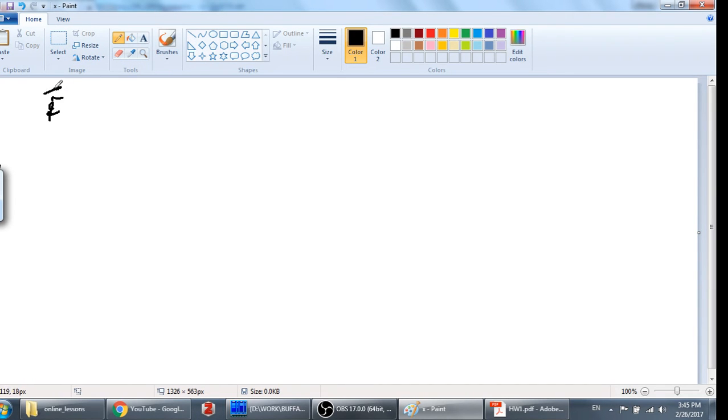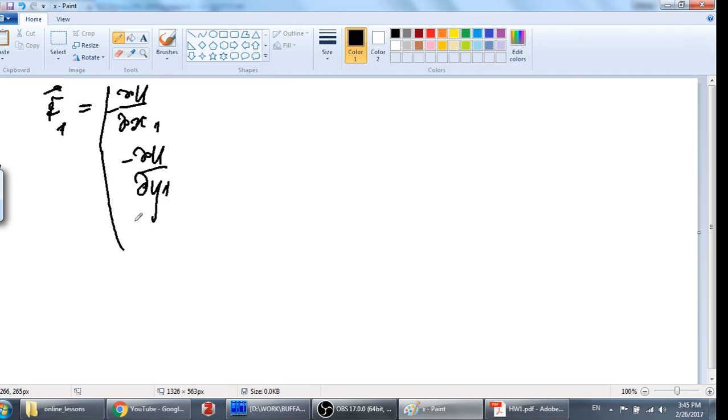So f1, for instance, is a vector of three components: minus dU over dx1, minus dU over dy1, and minus dU over dz1, and that all makes up a vector with three components. So we want to compute each of these directions.